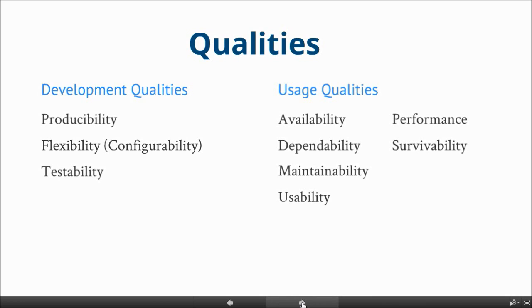Survivability. I've struggled with identifying how this would apply to software. Certainly, with availability, we talk about whether it can survive a natural disaster. I would put that under availability, not necessarily survivability. Survivability would be if you drop your iPhone.